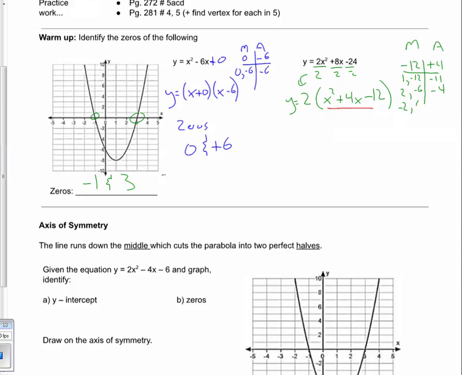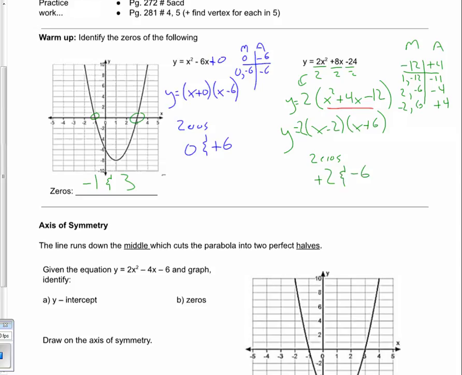So -2 and +6 would multiply to -12 and add to +4. My final equation here is going to be y equals 2 times x minus 2 times x plus 6. That therefore means that the zeros are going to be +2 and -6.